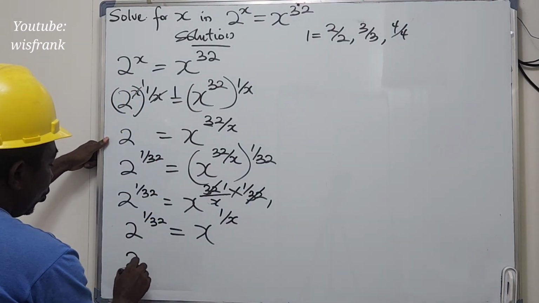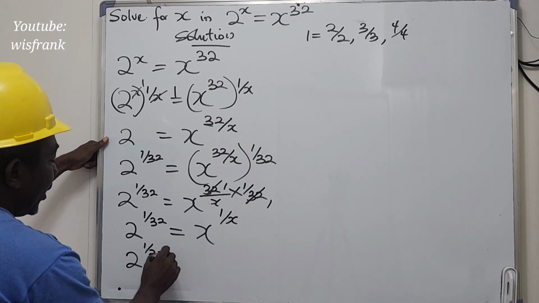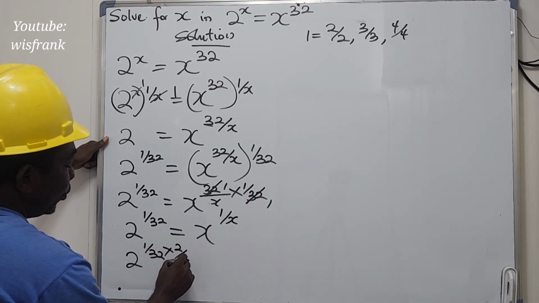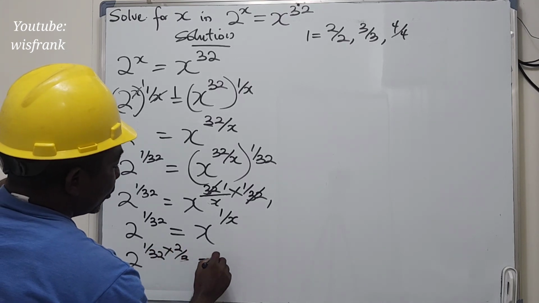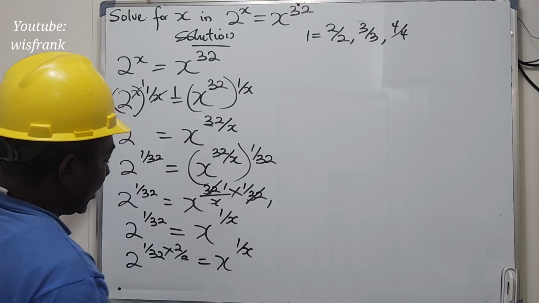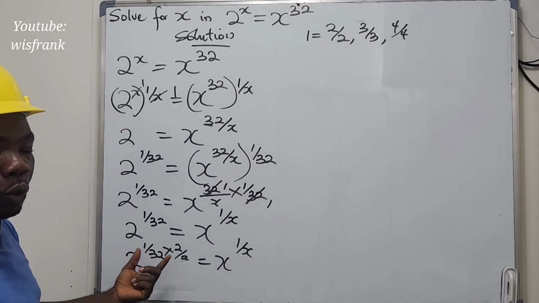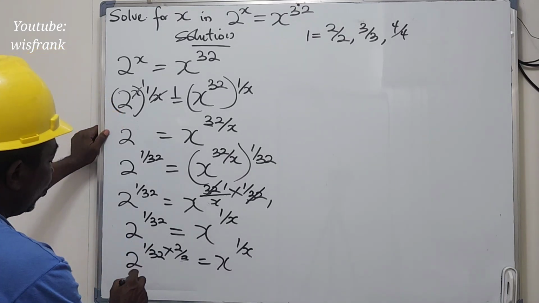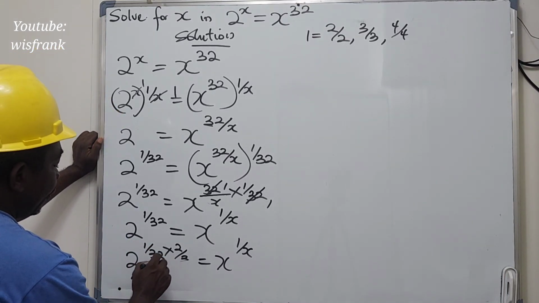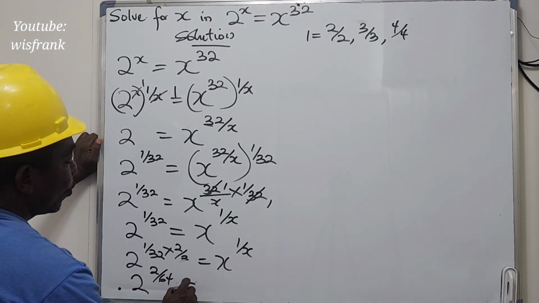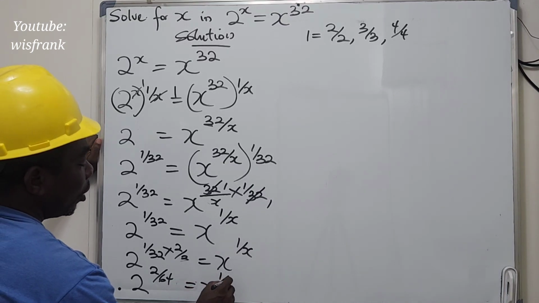This becomes 2 to the power of 1 over 32 times 2 over 2, then we have equals 1 over x. You can see that if we multiply 1 over 32 by 1, it still gives us 1 over 32. So in this case, this will become 2 to the power of 2 over 64 equals x to the power of 1 over x.